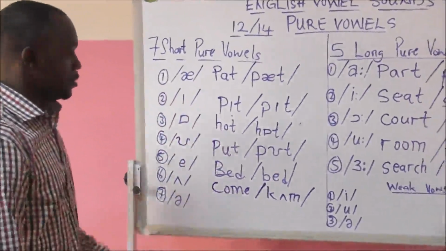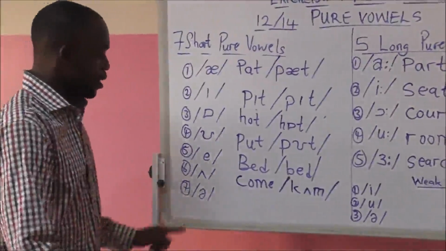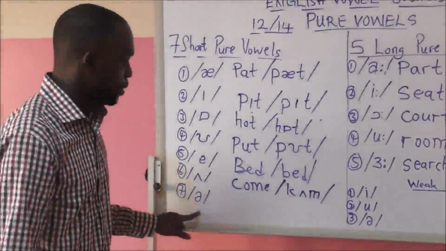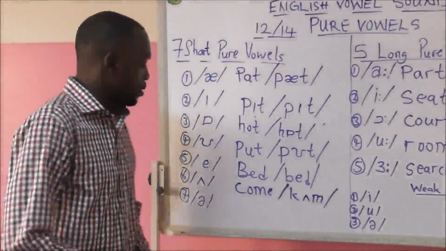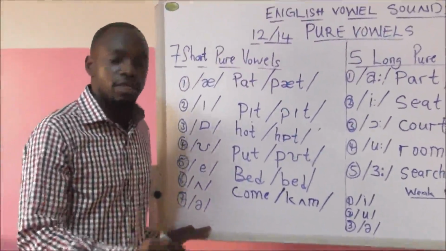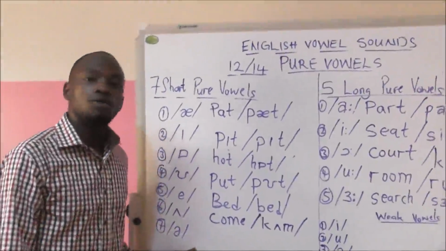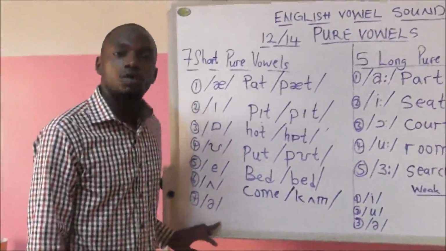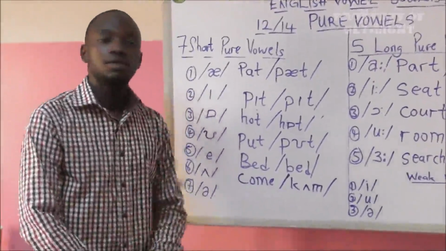Okay, the last sound here is a very, very special sound. As a matter of fact, the most used sound in English language. It is called the schwa sound. The schwa sound.